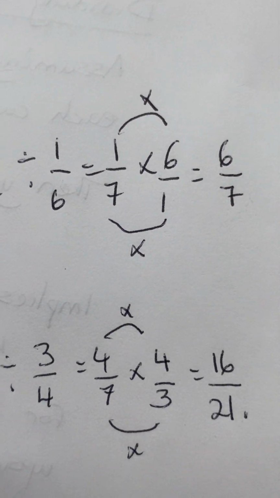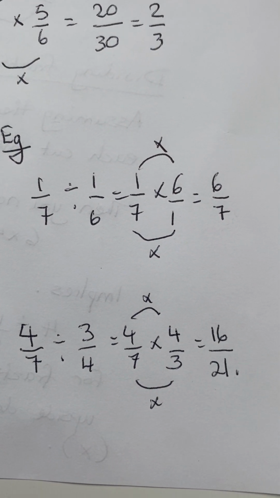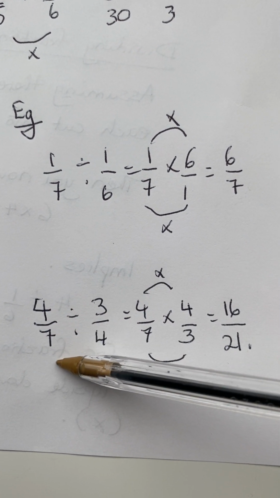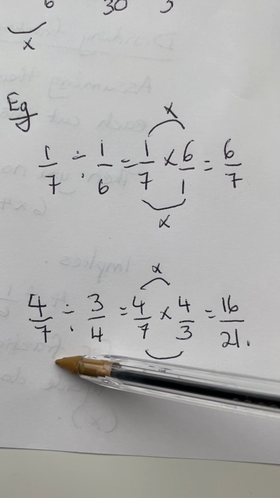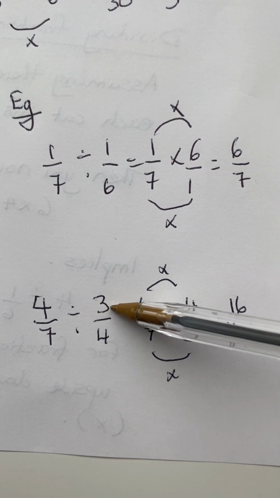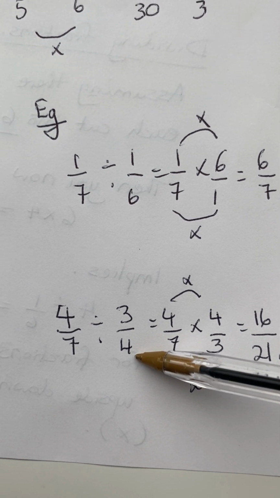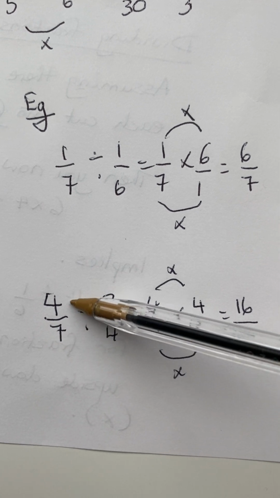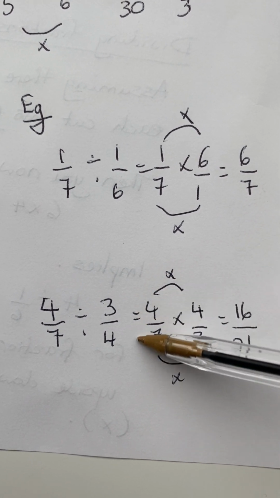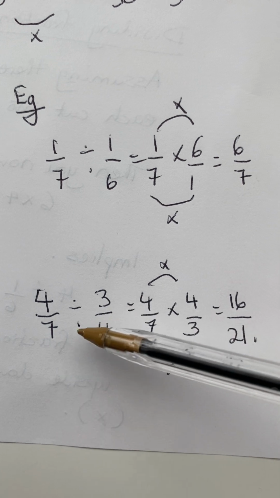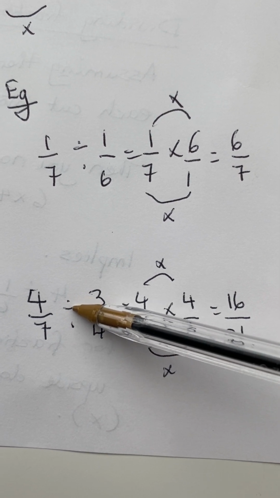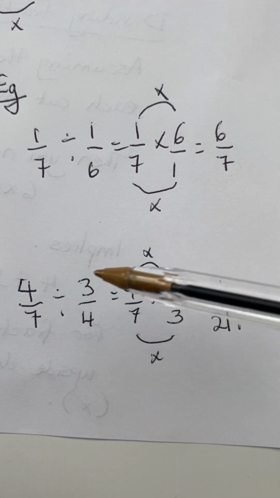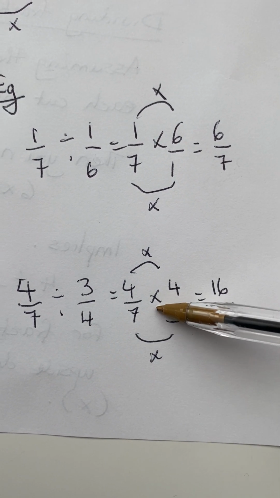Okay. The last example for today. 4 over 7 divided by 3 over 4 is a division again. So first we keep 4 over 7. We are dividing, so this division sign becomes a multiplication sign.